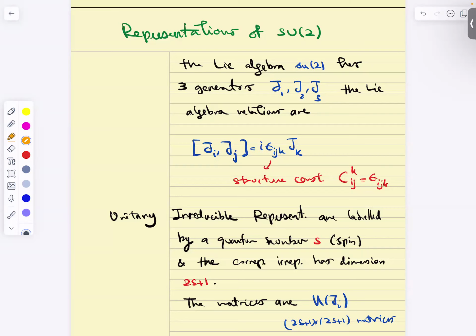Okay, so we're going to start with a very, very important group in physics called SU2. The part that I won't have time to do is to compare it with another very, very important group in physics called SO3. They're both Lie algebras. One of them is a real Lie algebra. The other one is complex. What is the dimensionality of SU2, the Lie group? 3.